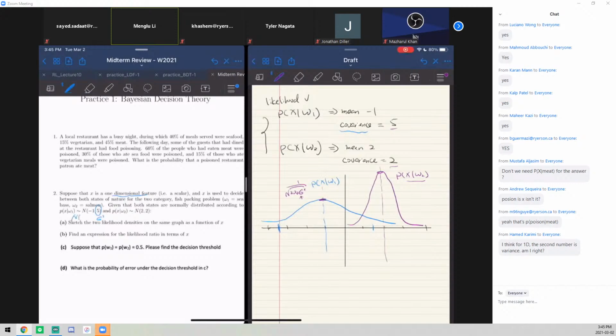We usually write mu and sigma square. I wrote it wrong here, sorry. Covariance is for the multivariate case. Sorry about that.